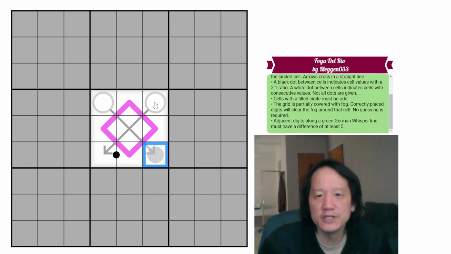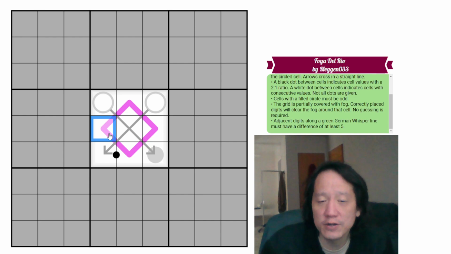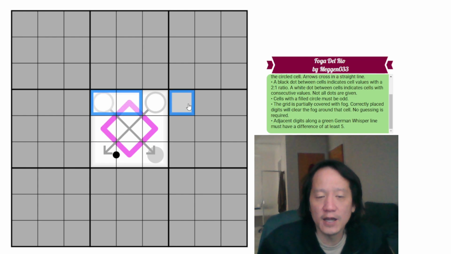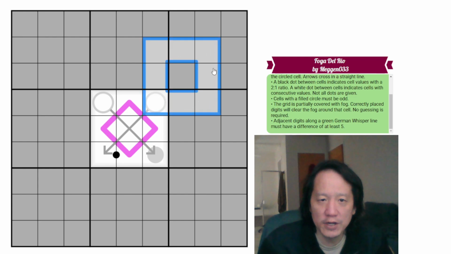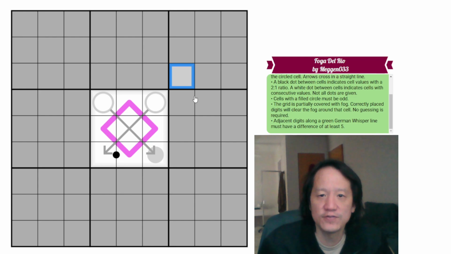The grid is partially covered with fog. Correctly placed digits will clear the fog around that cell, and no guessing is required. So basically, as you conclude that certain cells must be a certain number, if you get it right, it will clear the surrounding 9 cells, including itself.